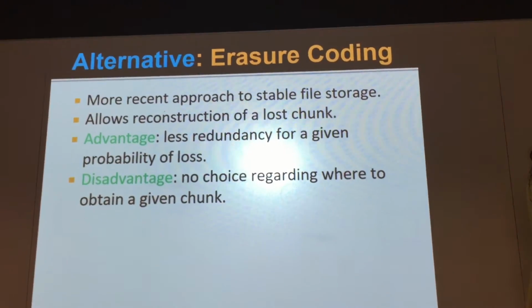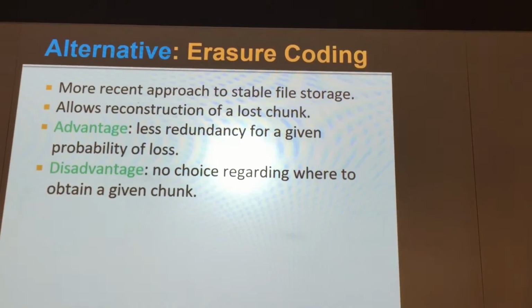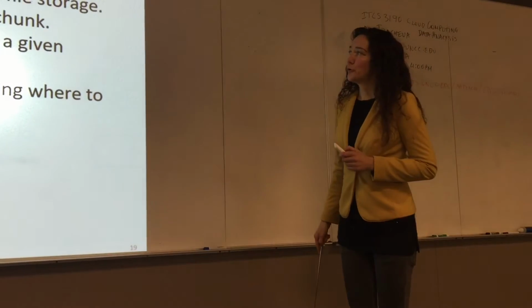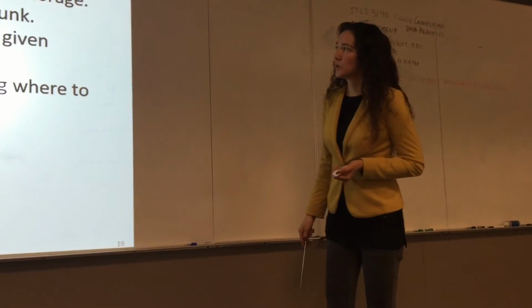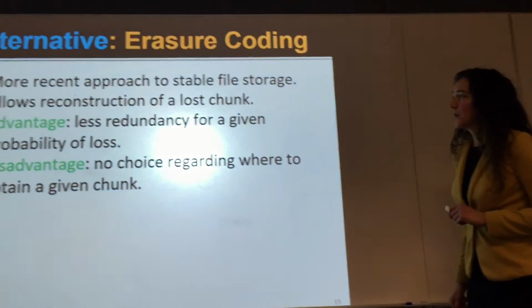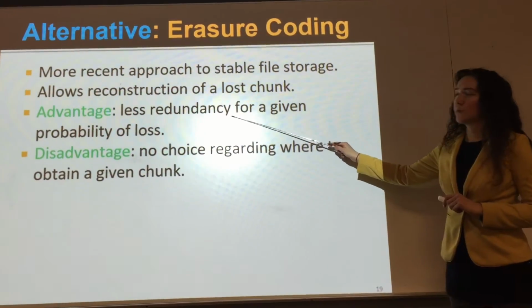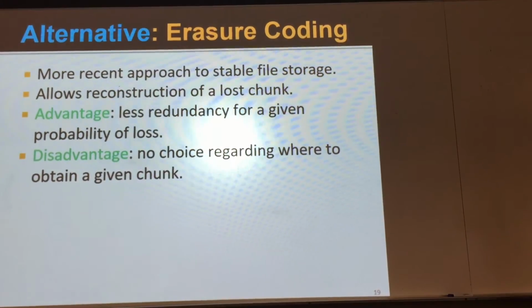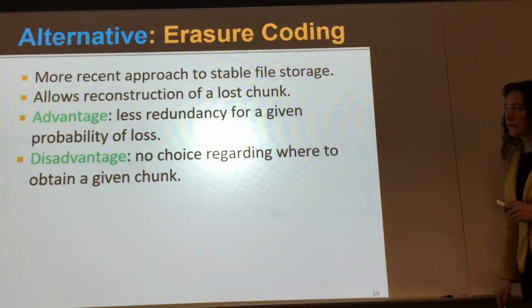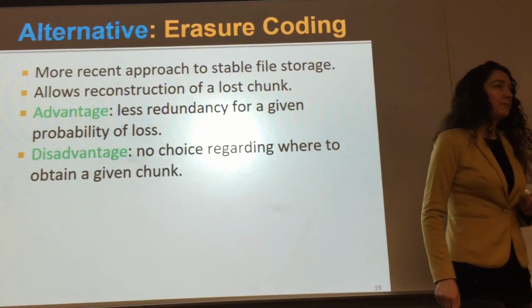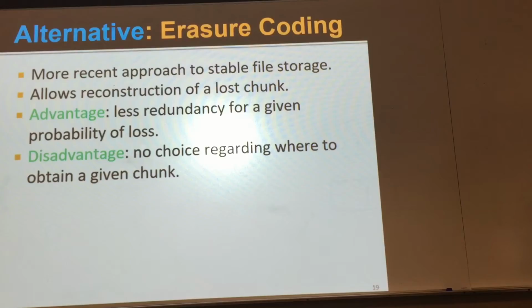There are other ways to do this. We could use a stable storage, which allows a reconstruction of a lost chunk. And if we do that, we have to replicate it fewer times. The thing is that we have no control of where it's going to store the pieces.